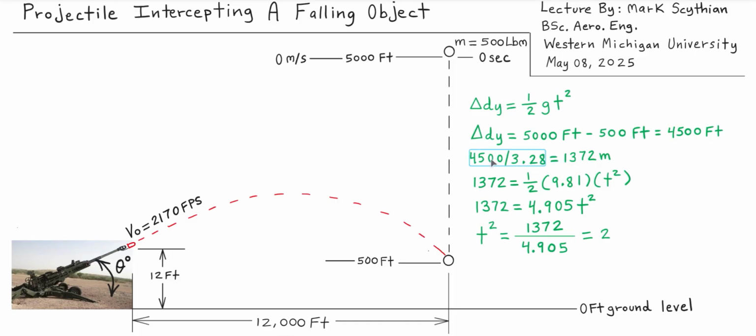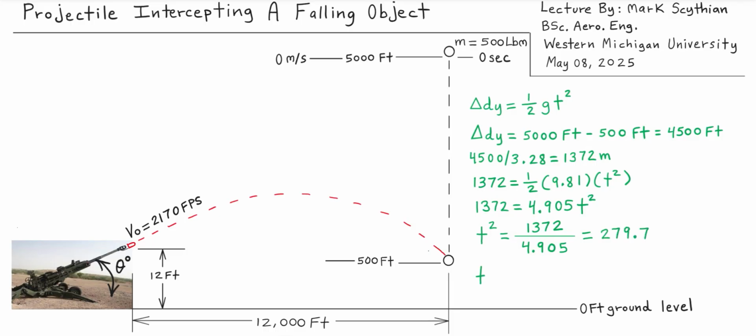If we take the difference from 5,000 feet to 500 feet, we have a delta d sub y of 4,500 feet, which we convert to meters, and then we simply equate it to 1/2 times the gravitational acceleration. Little g is the gravitational acceleration on Earth, which is 9.81 meters per second squared, times t squared.